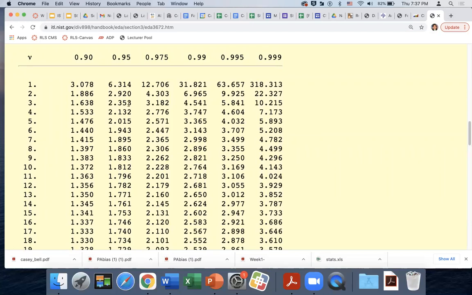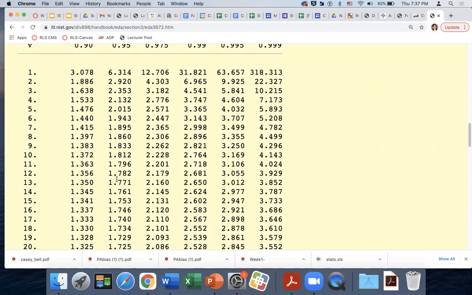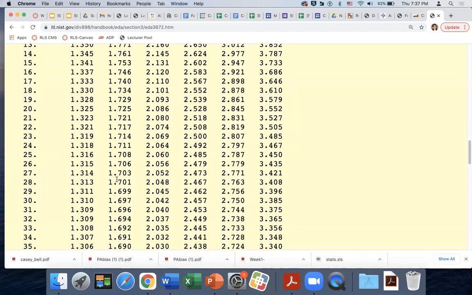So for example, if your alpha level is 5%, and you want to conclude that 95% of the time the observed result from the sample will work for the population, and your degree of freedom is 29, because you had 30 pairs of scores, 30 students, 30 minus 1 is 29, then as long as the difference between pre and post tests on average is larger than 1.699, you have a statistically significant finding.